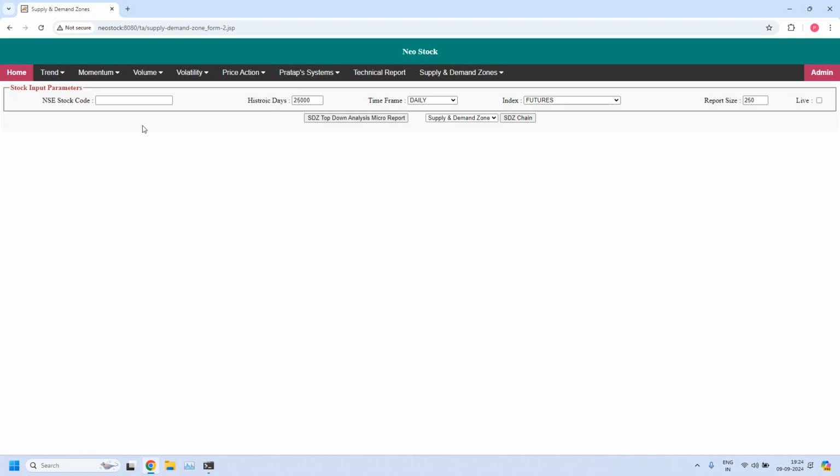Next, let us look into the Nifty and Bank Nifty supply demand zone chain. Let's start with Nifty 50, with the monthly time frame. I'm generating the monthly supply demand zone chain for Nifty.